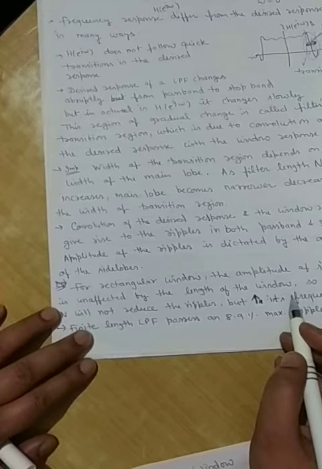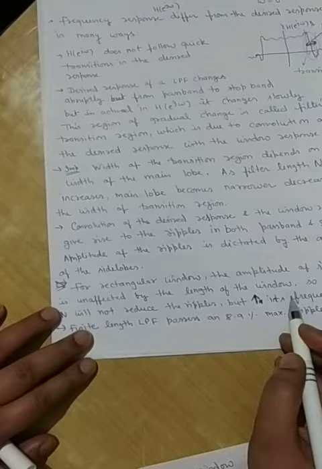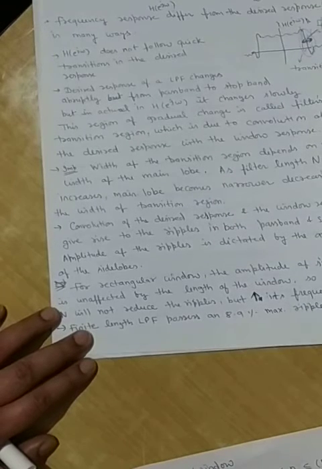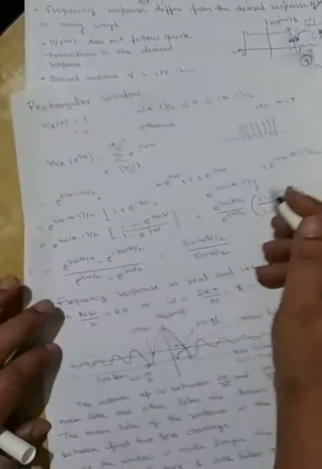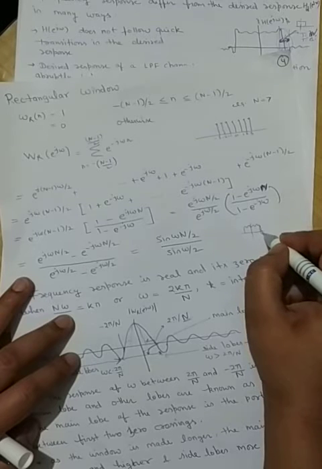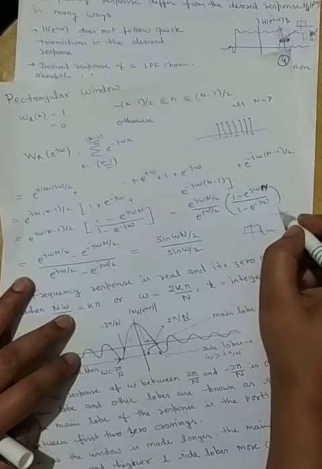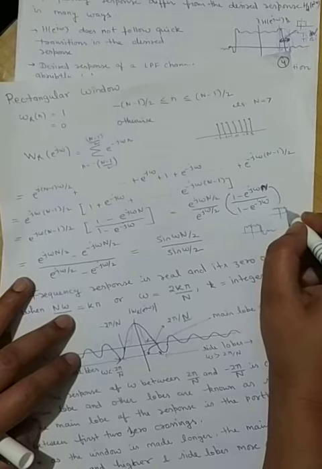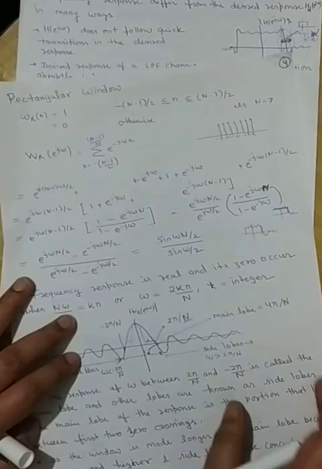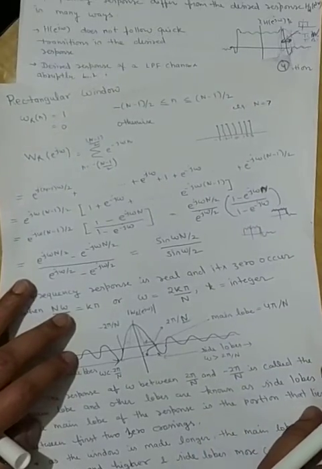Means you cannot decrease the amplitude of the side lobe by increasing the length of the window. Side lobe amplitude will remain the same, but when you increase n, the frequency of ripple increases. So if you increase n, amplitude will not change, but its frequency will increase.